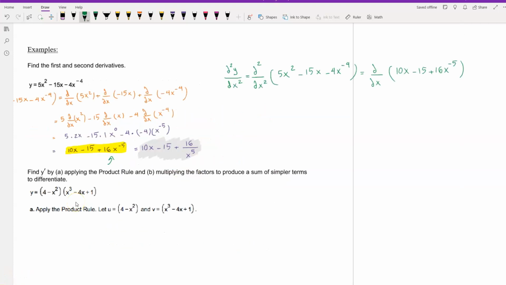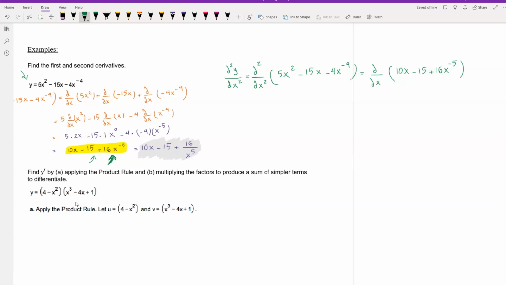Now finding second derivative of 5x squared minus 15x minus 4 times x to the negative 4. That is equal to first derivative of what we had here on this part. So second derivative of y, that is same as finding first derivative of what we had here for our first derivative.